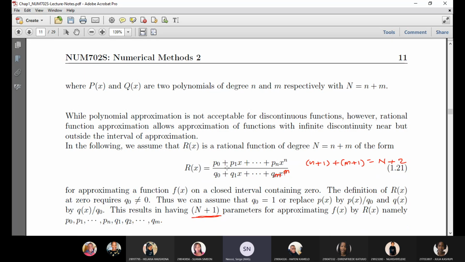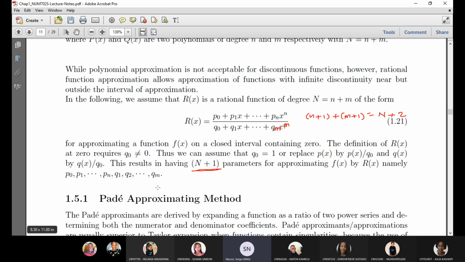So now the purpose is to design an algorithm that will allow us to compute all these coefficients, P0 up to Pn and Q1 up to Qm, assuming Q0 is always 1. We reduce the number of parameters. So that is the purpose.